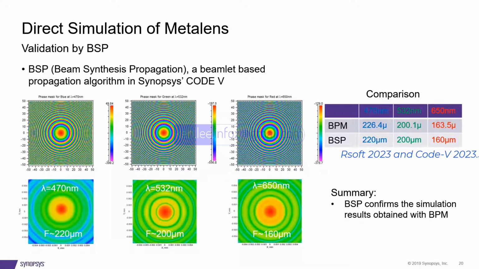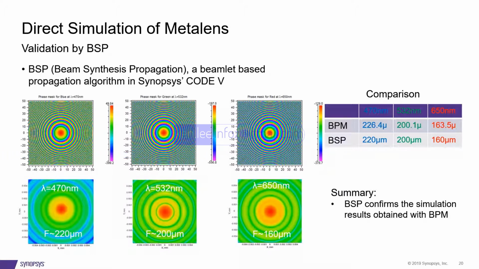So with this, we turn to a different algorithm, BSP. BSP stands for beam synthesis propagation, and is a beamlet based propagation algorithm that is used by Synopsys Code V. This is modeled also in physical optics.